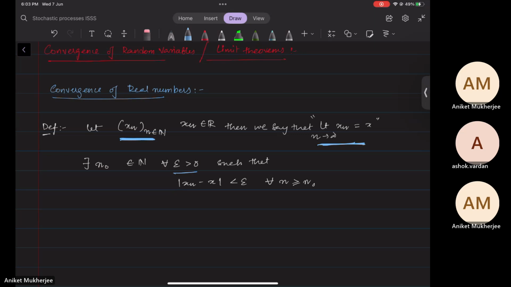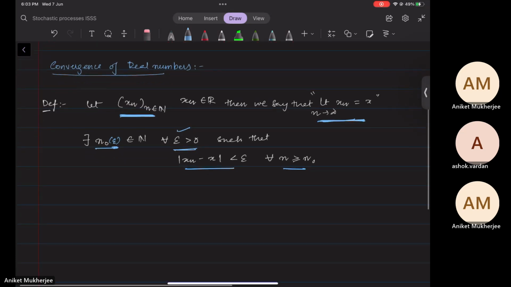You give me an epsilon greater than 0. Once I know that epsilon, I'll give you a natural number, which is a function of epsilon. This is implicitly stated. It's not given. So you give me epsilon, I'll give you an n naught such that the distance between all the numbers after n naught and x is less than epsilon. If this happens for all the epsilons that you can give me, then we say that the limit of xn is equal to x.